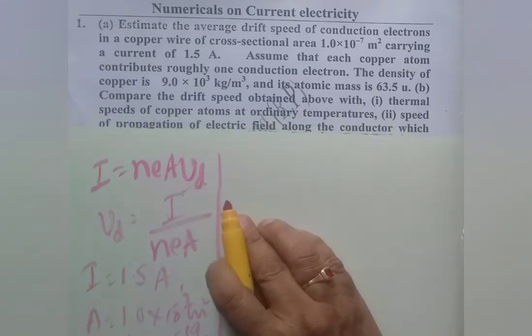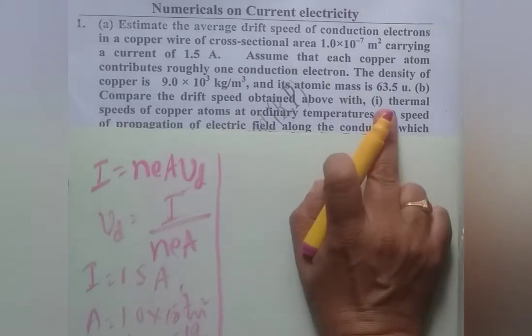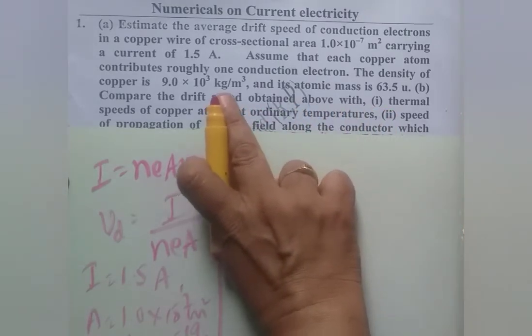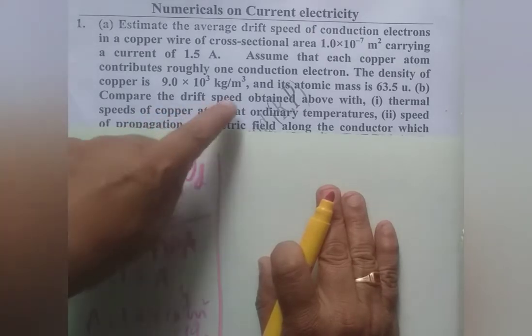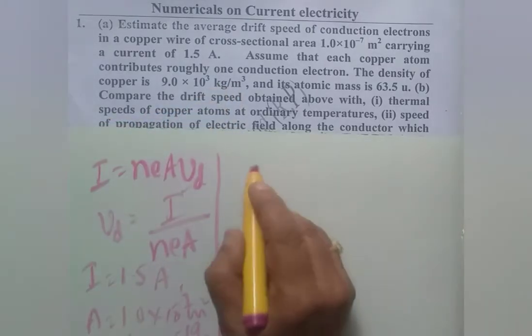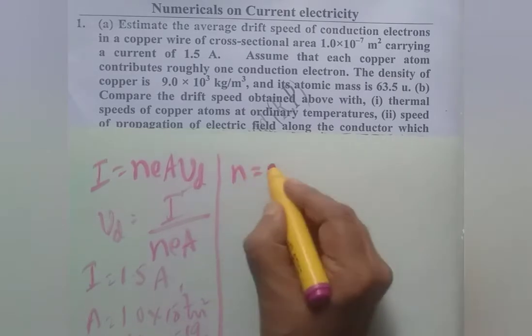We are given that each copper atom contributes roughly one conduction electron. That means we have to calculate how many free electrons are there in 9 into 10 raised to 3 kg of copper, because it occupies unit volume. Therefore N can be calculated by this formula.